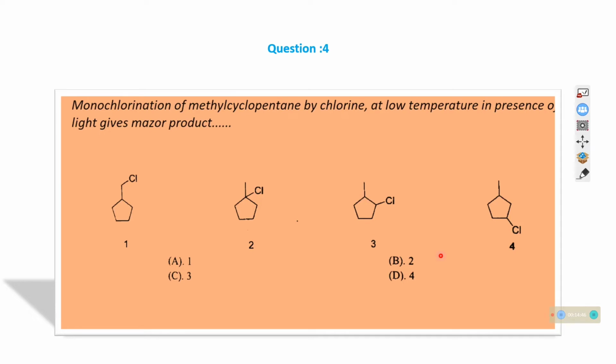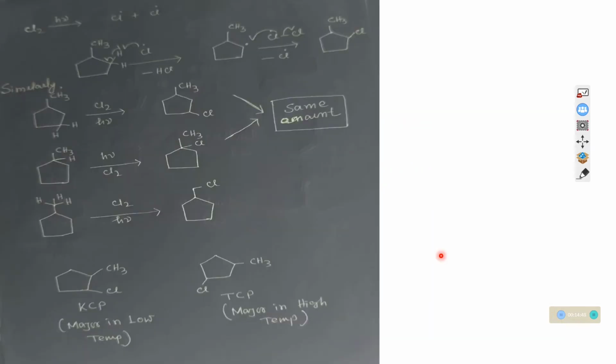So we all know how, in presence of light, chlorination or halogenation occurs in alkane molecules. First the Cl-Cl bond breaks to provide a chlorine radical. Then this chlorine radical abstracts one H from this alkane and an alkyl radical is formed. This alkyl radical further reacts with another molecule of Cl2 to release one Cl radical.